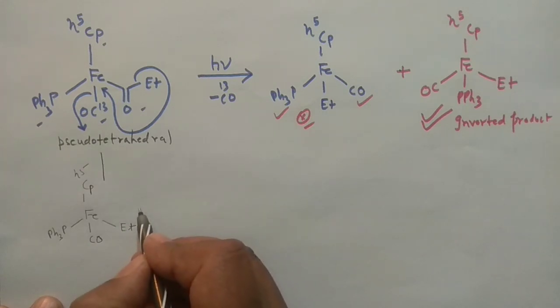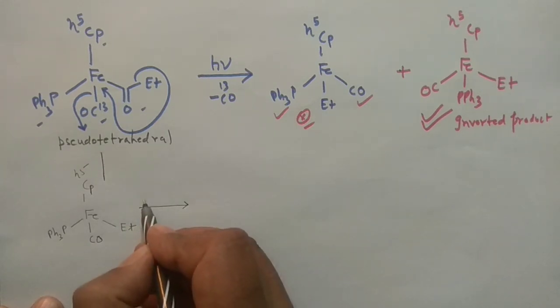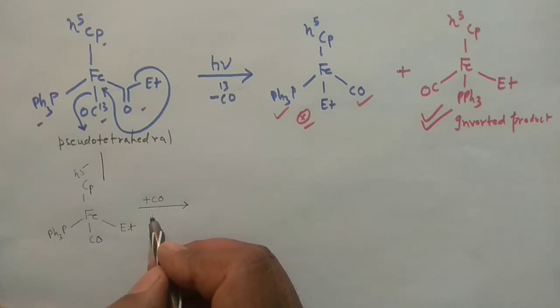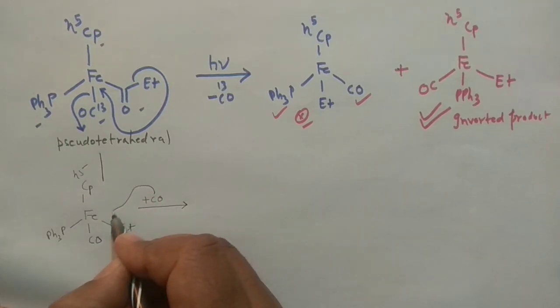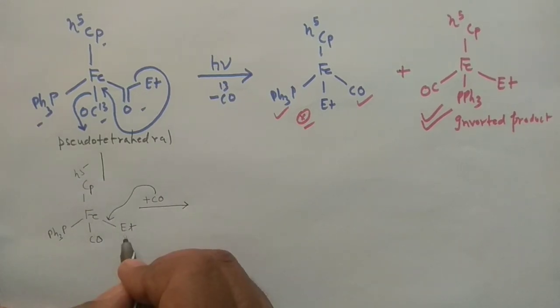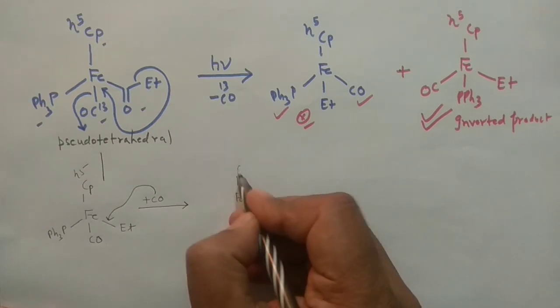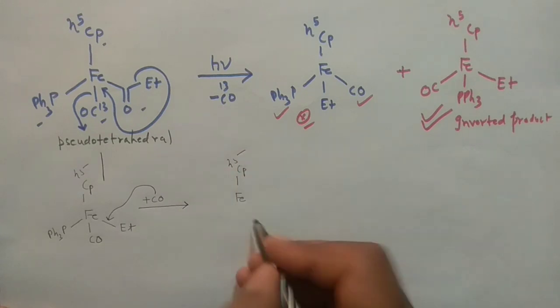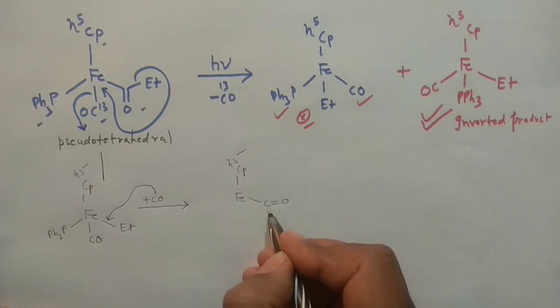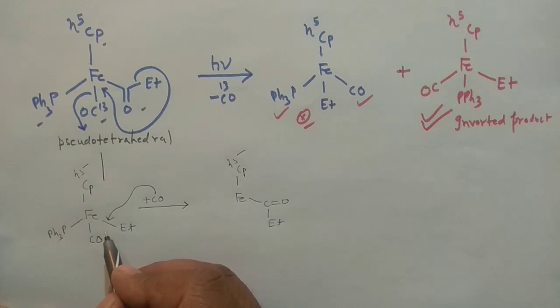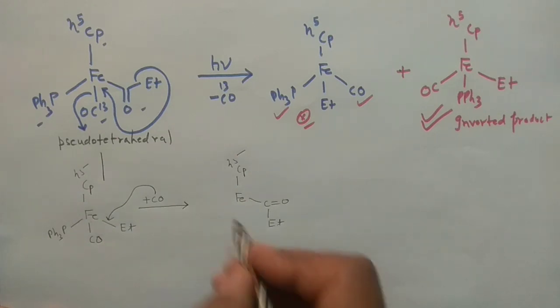First I am doing CO insertion, so carbonyl insertion I am doing. How would the carbonyl insertion occur in that case? This carbonyl would insert between the metal and carbon bond, and then you will have your structure Fe, eta 5 Cp, and this is the insertion which has happened here.